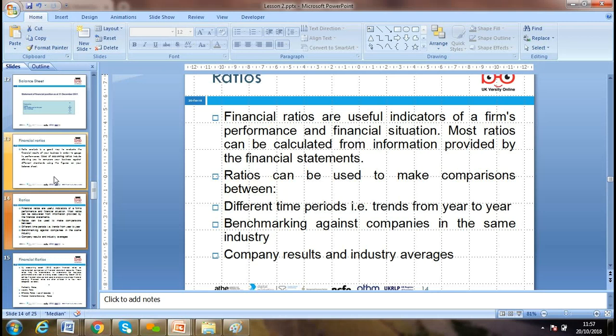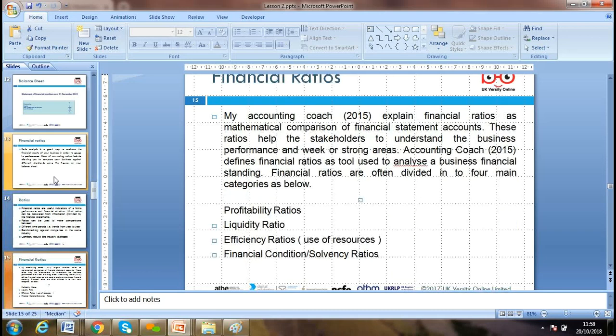So always look at the benchmark: what is the key performance indicator, what is the standard, what is the average result in the industry and sector of the company where we are doing business. Okay.